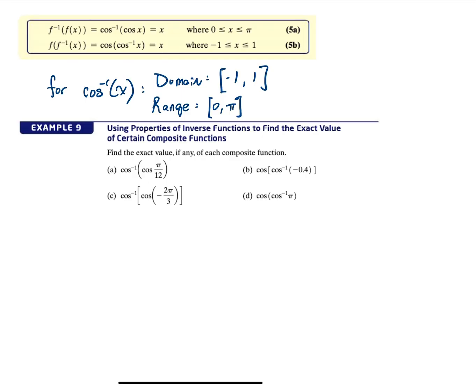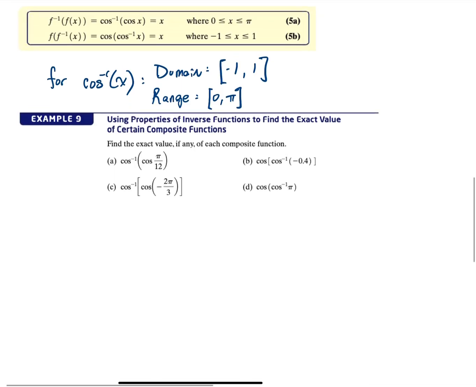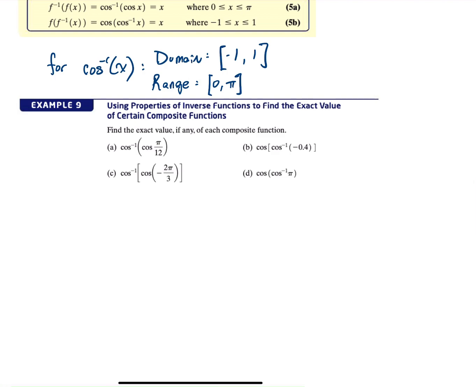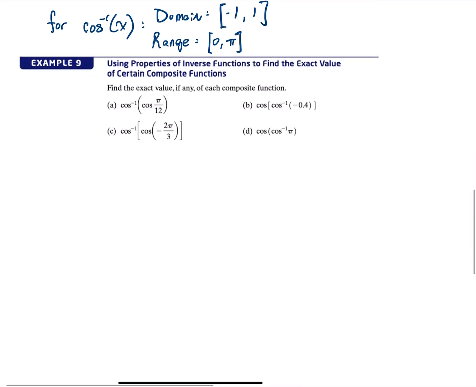So let's look at our first example. So in part A, we have the inverse cosine of the cosine of pi over 12. Well, pi over 12, that's definitely in between 0 and pi.